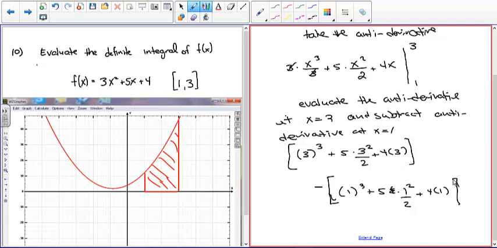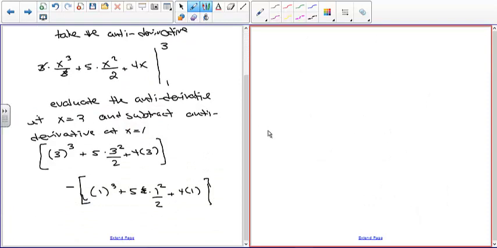The rest of it is just doing fractions. So we'll get 27 plus 45 over 2, since 3 squared is 9, times 5 is 45, plus 12. And then we subtract 1 plus 5 halves plus 4.